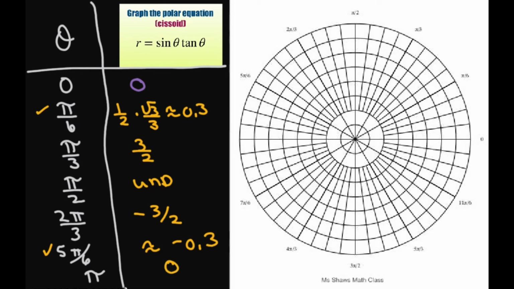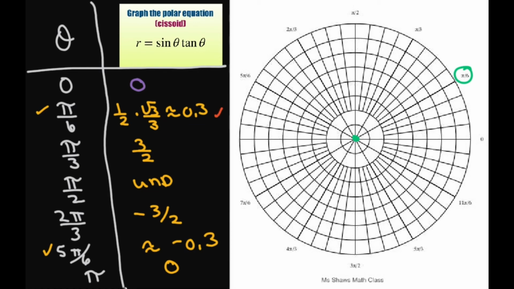So let's go ahead and trace out this curve and then use symmetry to finish it off. At 0, we are at 0. All right, next, pi divided by 6. So here we are at pi divided by 6 at 0.3.